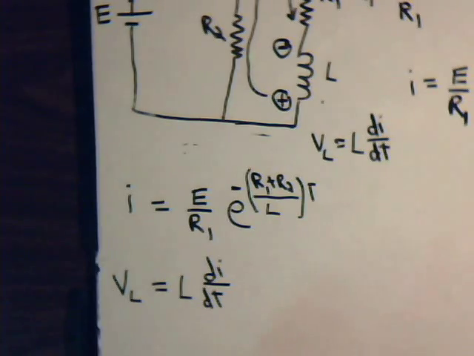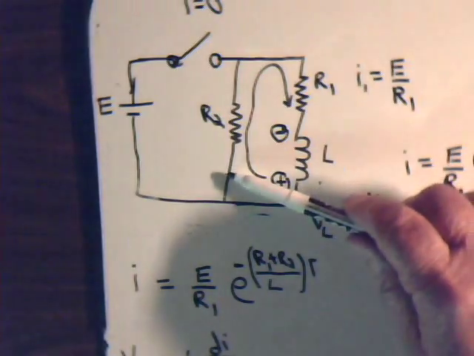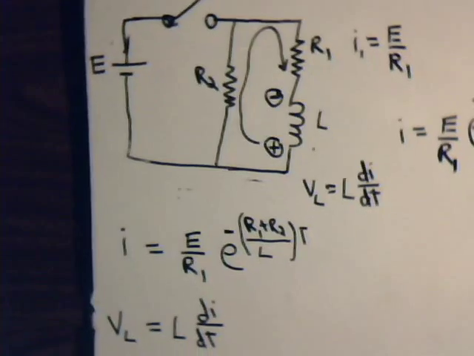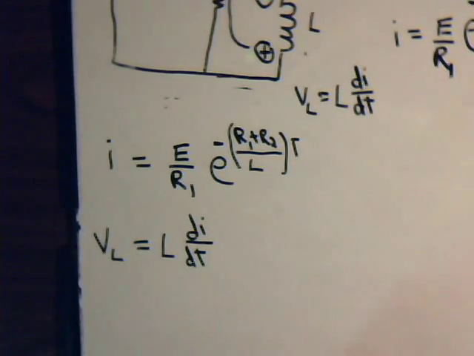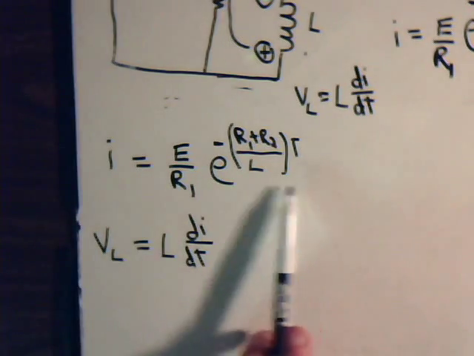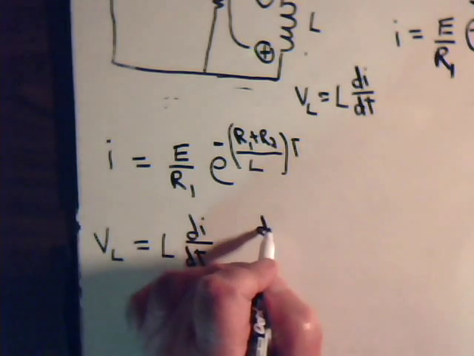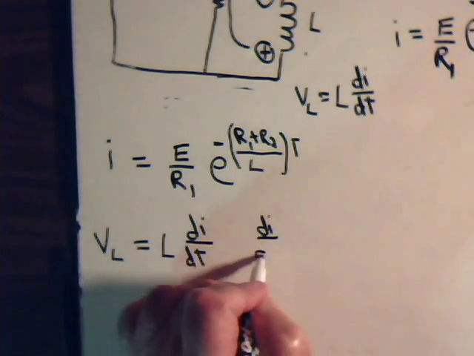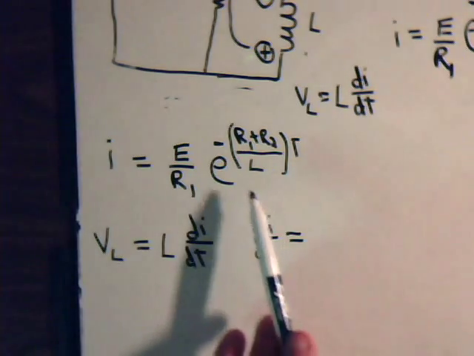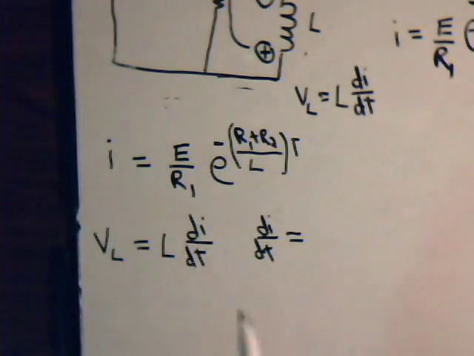So for this circuit, where we have this resistor across here, the decay resistor, di/dt is equal to the derivative of this expression. So let's do that. di/dt will equal, we'll have this part of the exponent come down along with the minus sign.